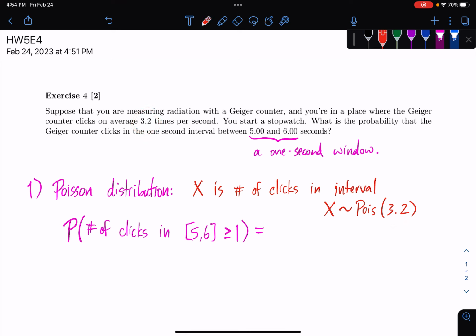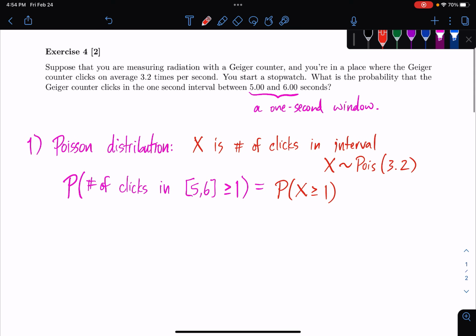And so what's this? This is just the probability that X is greater than or equal to 1, which we could write as the sum from i equals 1 to infinity of the PMF of X at i, or something.